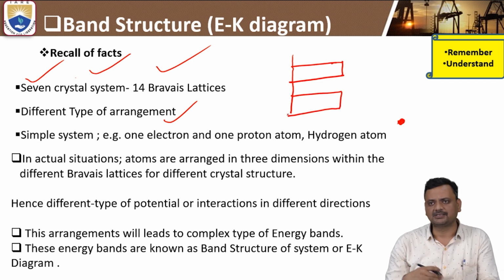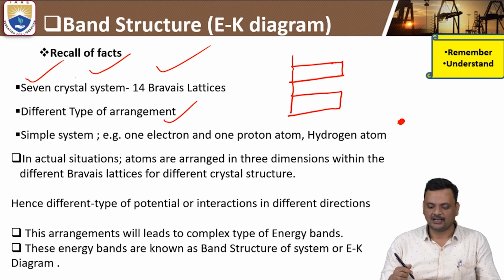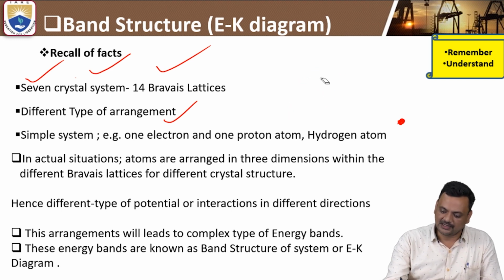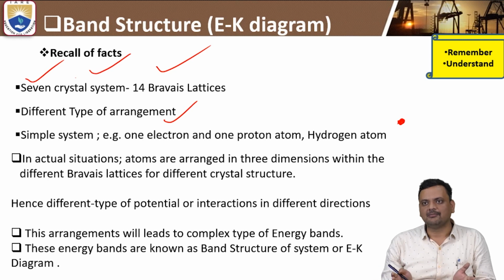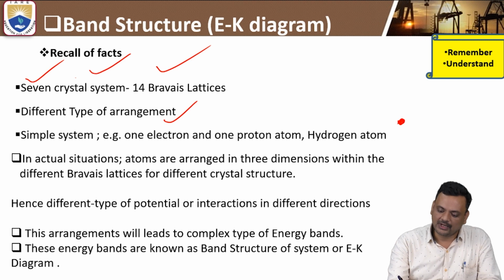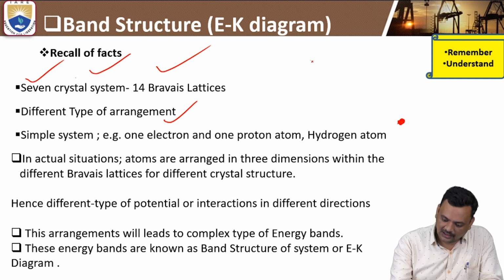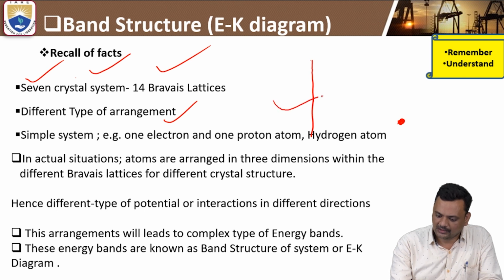For a qualitative picture, you can imagine it as a band, but in 3 dimensions. Why? Because due to your atomic arrangement inside the crystal, the potential is different. So in every direction, the energy level should vary like that.